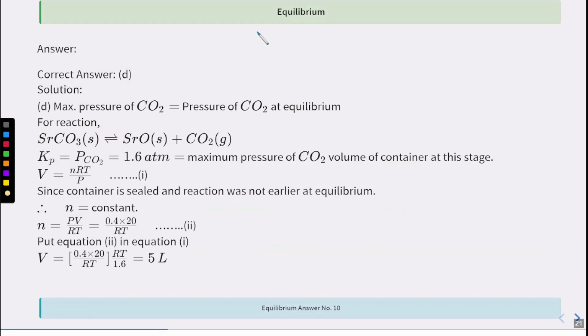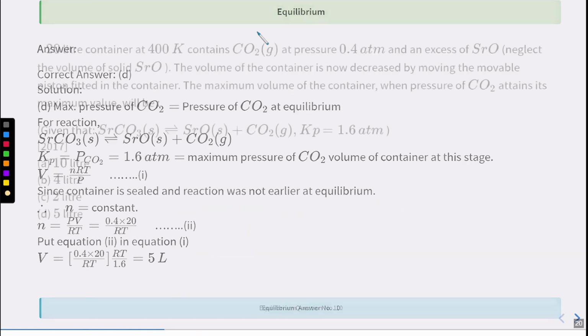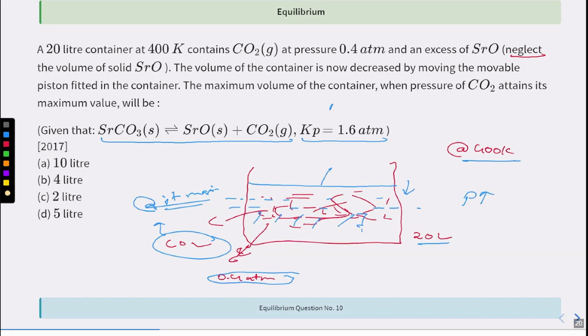So now what we are going to do is see what the pressure is. The assumption here is that maximum pressure will be at equilibrium. And particularly if we see, Kp will be actually equal to 1.6 atm.